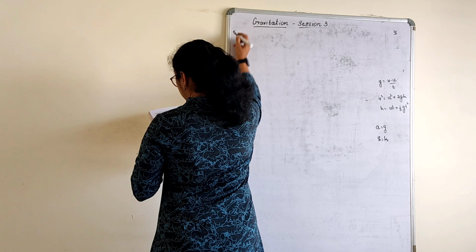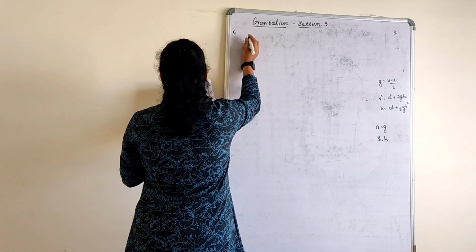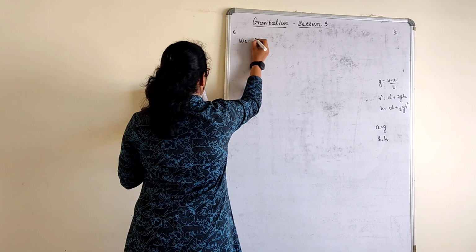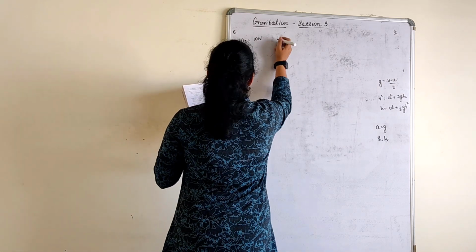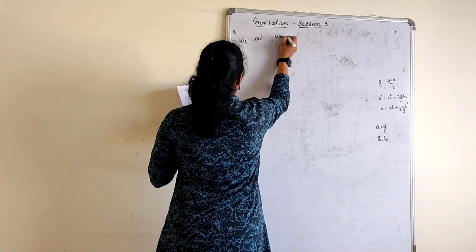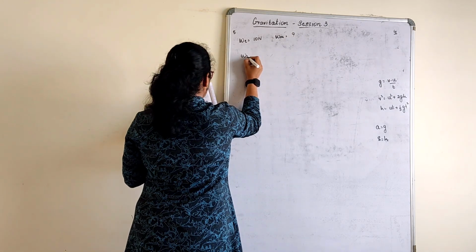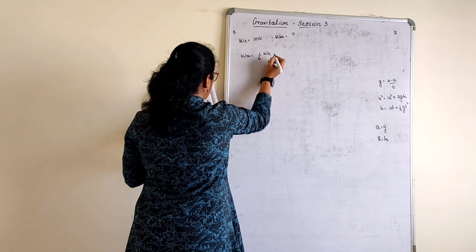Fifth one, an object weighs 10 Newton when measured on the surface of the earth. So weight on the earth is equal to 10 Newton. What would be its weight when measured on the surface of the moon? So what is the relation we have? Weight of the object on moon is nothing but 1/6 the weight of the object on earth.